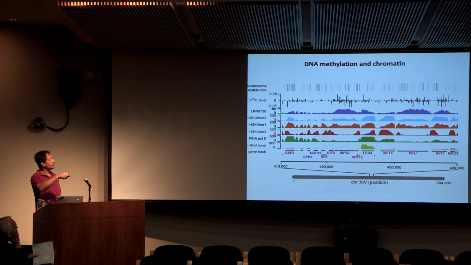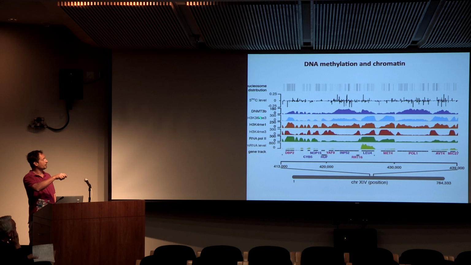And then we did ChIP on the de novo methyltransferase itself, and we can see, not surprisingly, there's a strong correlation between the binding of the methyltransferase and the DNA methylation. So where we see binding of this methyltransferase to the DNA, we see high levels of methylation. But then we see there are also some strong correlations with histone marks.